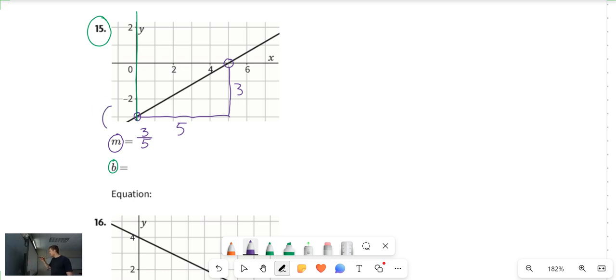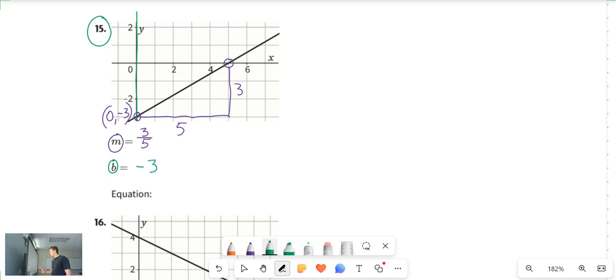That point is, it looks like, 0, -3. It looks like it is down 3 from the origin. So our intercept, this should have been in green, I apologize, is -3.